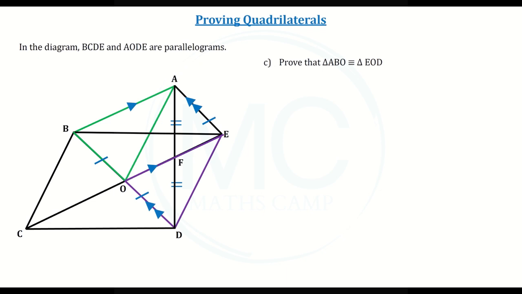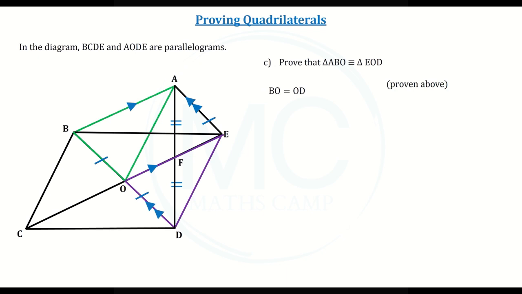From the diagram, we can see that BO lies on triangle ABO, and we can see that OD lies on triangle EOD. These lines are equal, so we can make a note that BO is equal to OD. We proved this in part A, so as our reason, we say proven above.